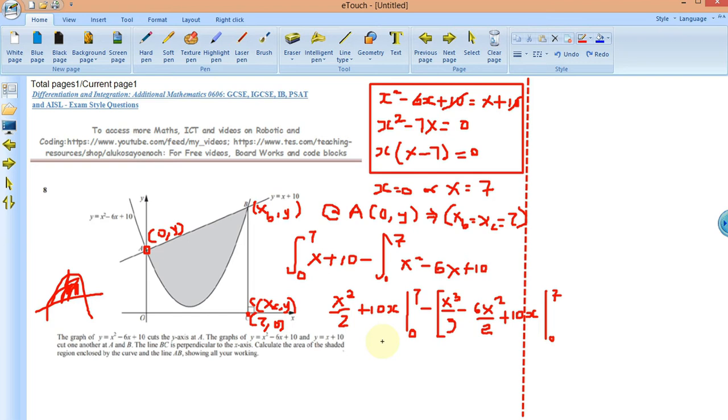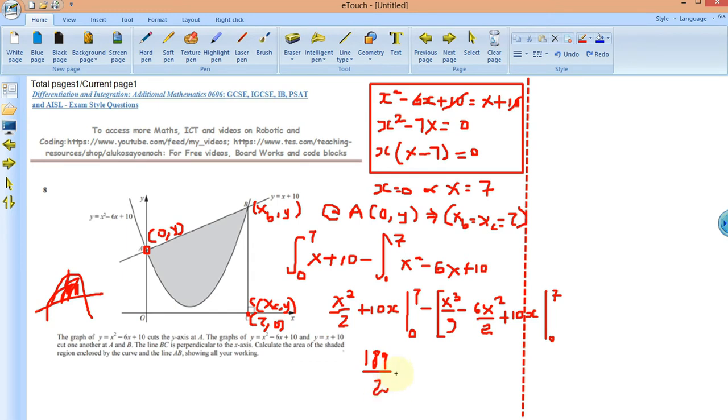So that is 189 over 2. 189 over 2 minus, when it is 0, 0. So it will still be 189 over 2.